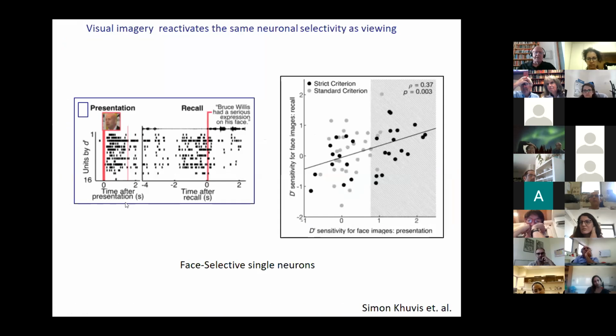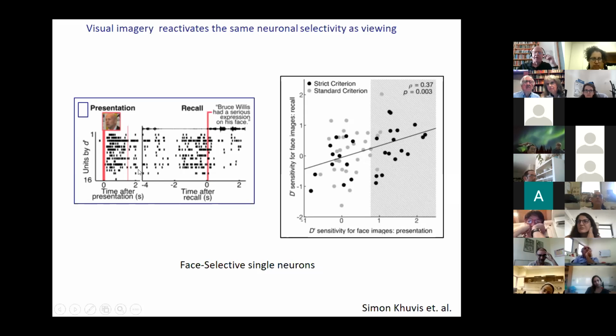And I want to show you just one example of a neuron, of a patient that had 16 isolated neurons recorded from in this patient. And this is the response to the presentation of one face stimulus, Bruce Willis. So you see the activation of many of these neurons, some of them did not respond to the presentation of this image. This is during viewing, when you're actually stimulated by the image.